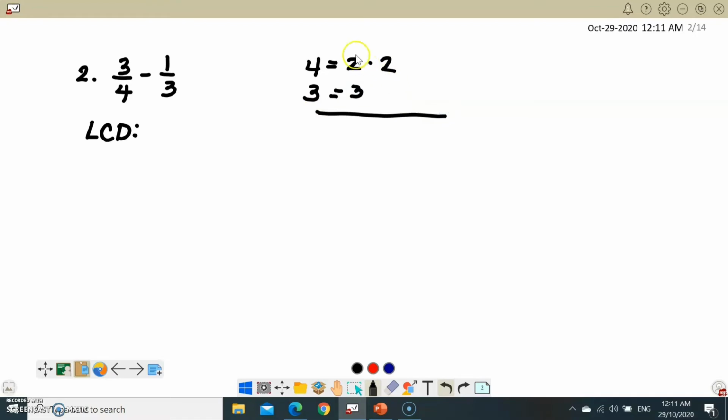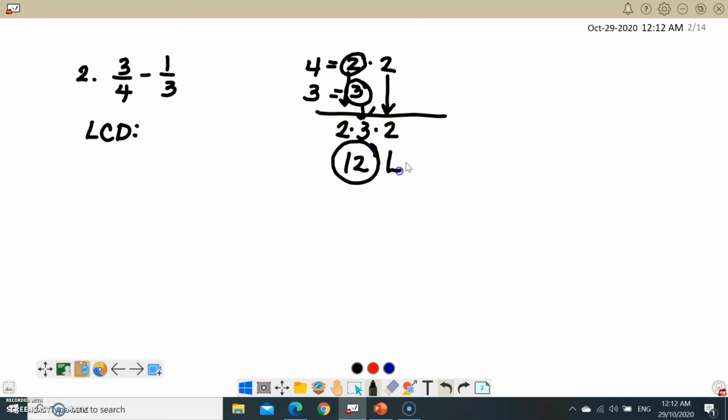So we bring down, is there a pair of 2 on the factors of 3? No pair, so we bring down 2. So we have here 2 multiplied by, how about 3? Is there 3 on the factors of 4? None. Therefore, we bring down 3. Same with 2, we bring down 2. And we now have 2 times 3 times 2, which is equal to 12.